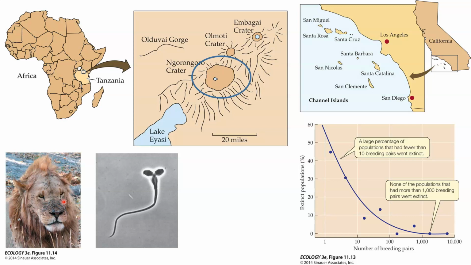Because of the infestation, it dropped to 15 breeding individuals, right? And with 15 breeding individuals, the population recovery happened, but it was extremely slow, and it took decades. Lions don't breed every season. They only breed seasonally, and they don't breed every season, right?